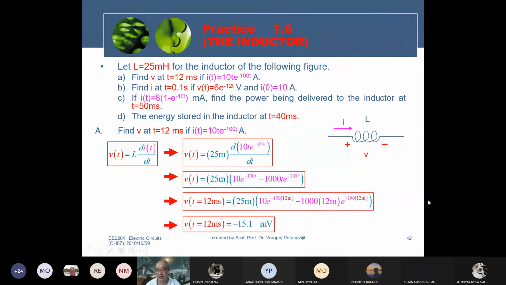You substitute t equal to 12 milliseconds here, and you get V at 12 milliseconds equal to minus 15.1 millivolt. The first question is considerably easy because you differentiate directly, even though this term is t e^(at). It requires you to differentiate f, differentiate g, and so on.